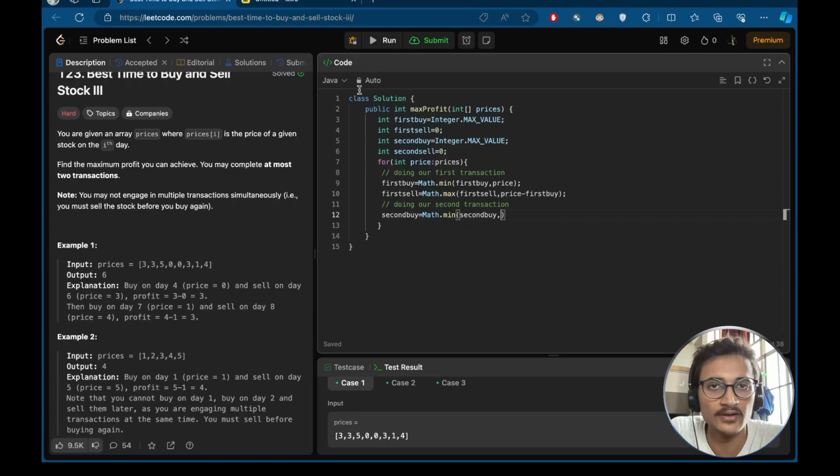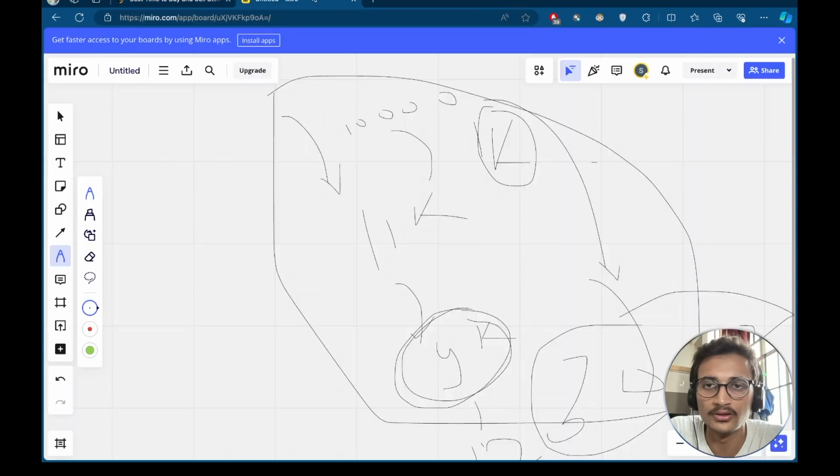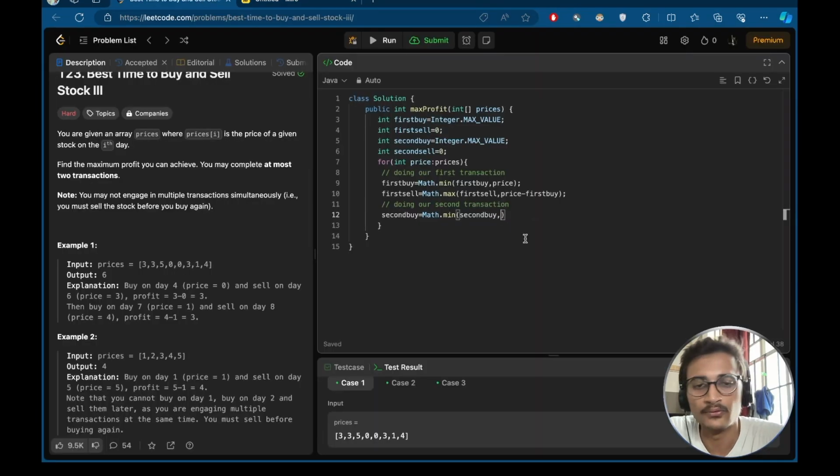That's what I told you while making you understand the problem, that the extra 1k that we have got, we have to take care of that as well. So that will be price minus first sell. This line will take care of the profit that we got from the first transaction.